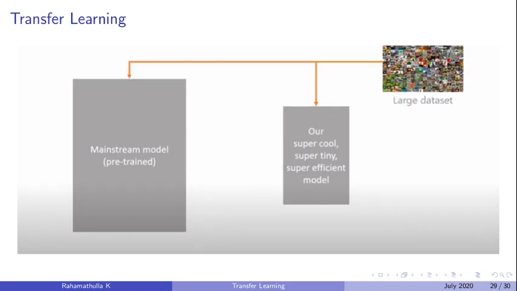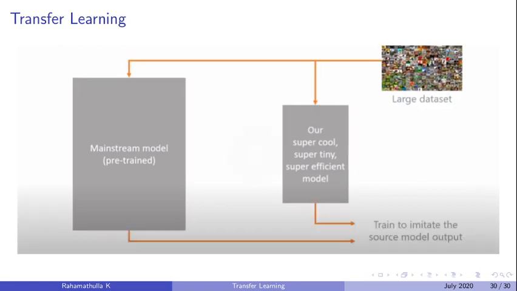That sort of limitations are there for transfer learning. We would like to create a model which actually imitates the mainstream model. So that sort of limitations are there.